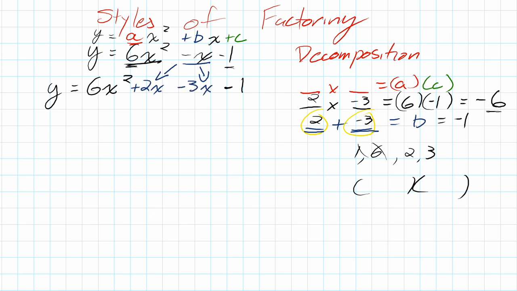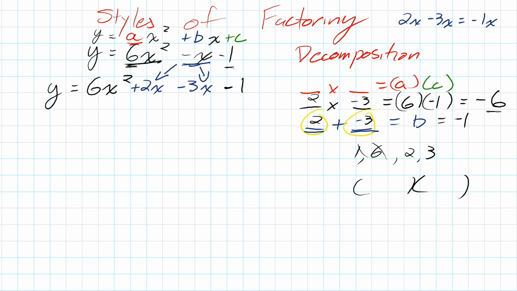The reason this works is because if we take 2x minus 3x, we get negative 1x. That's exactly what the b is. So all we've done is broken it into two numbers instead of the original one, which looks like it's making it more complicated, but it's part of an algorithm or a process to get to the factored form.